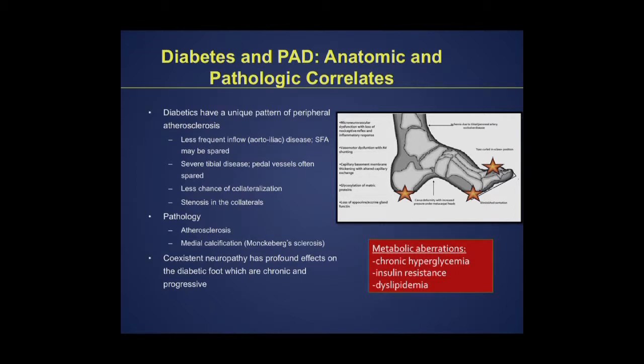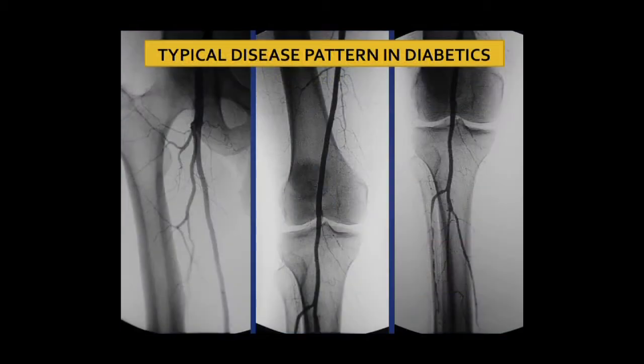There's less chance of collateralization, and there's also a chance of having stenosis in the collaterals. The pathology is both atherosclerosis but also medial calcification, and the coexistent neuropathy has a profound effect on the foot in the setting of all those metabolic abnormalities.